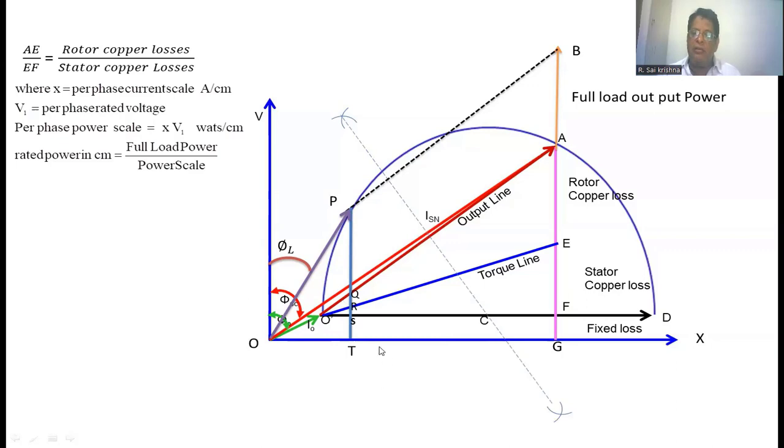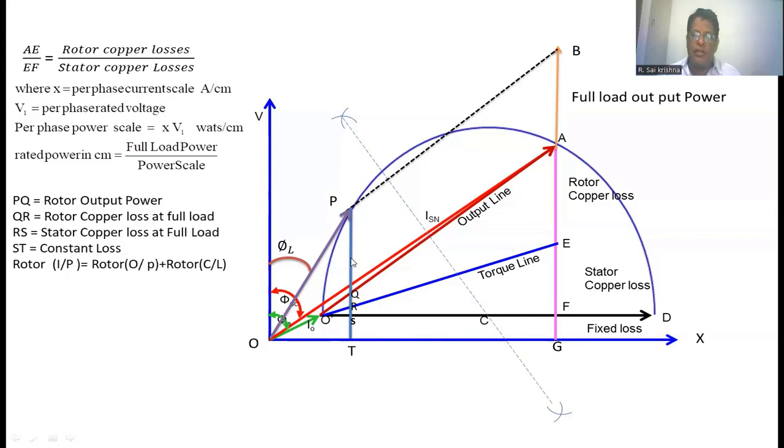Now from this diagram, we are going to find some of the parameters of the induction motor at full load. This PQ is the rotor output power at full load. QR is the rotor copper loss at full load. Length RS is the stator copper loss at full load.